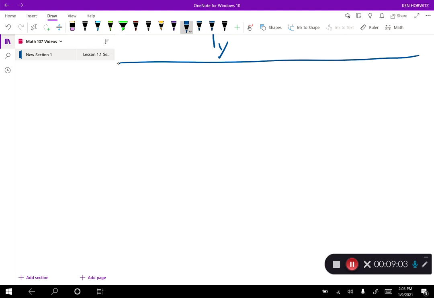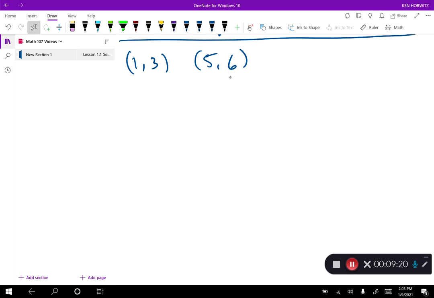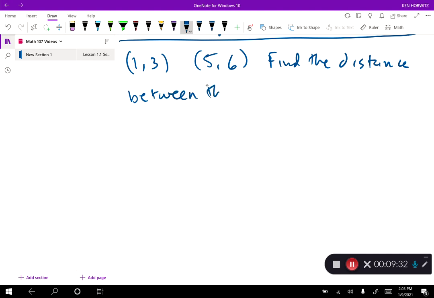Something that you may or may not have seen before is that we can get the distance between 2 points. For example, if I had the points (1, 3) and (5, 6), and I wanted to find the distance between them.